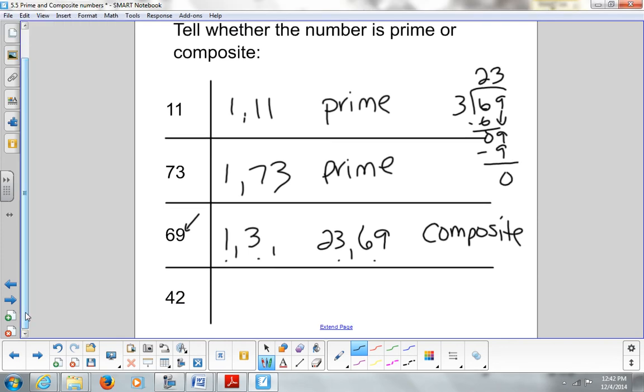Okay, 42. We have 1 and 42. It's an even number, so I know that 2 can go in. 2 goes into 4 2 times, and 2 goes into 2 once. 3 can go in, right? 3 into 42.